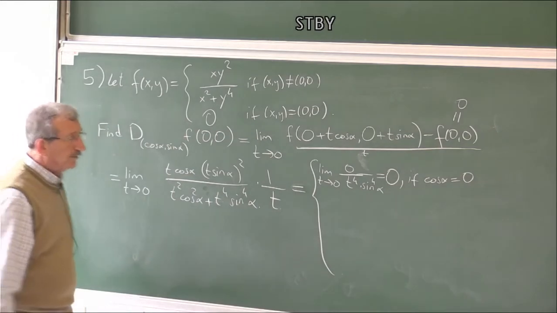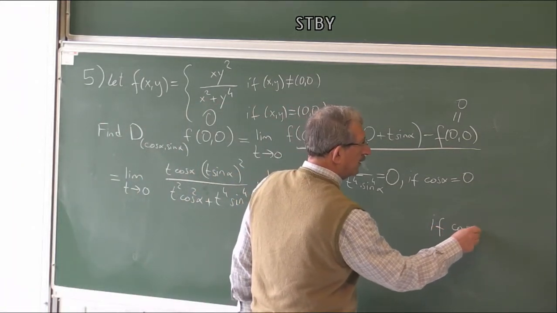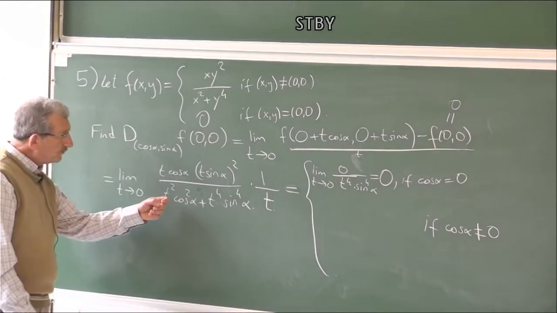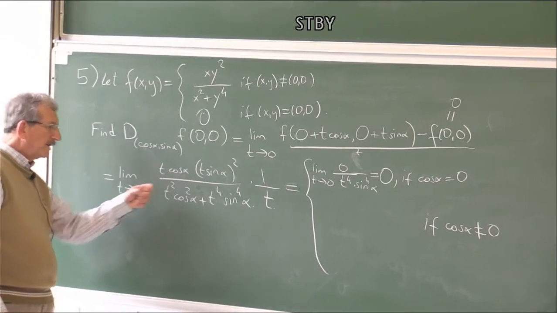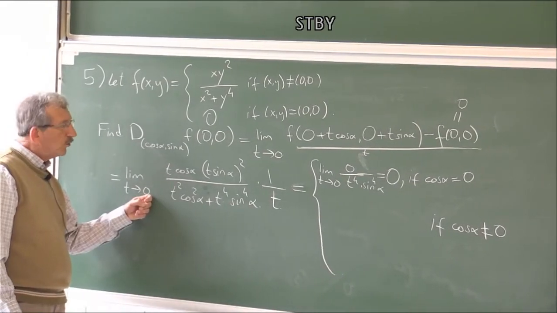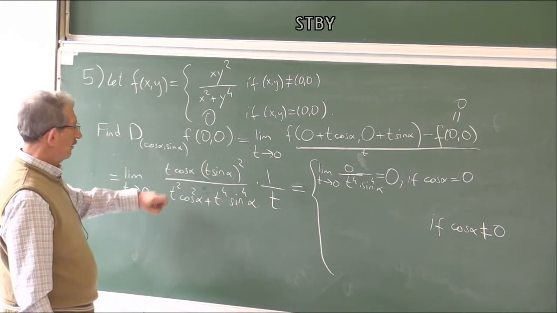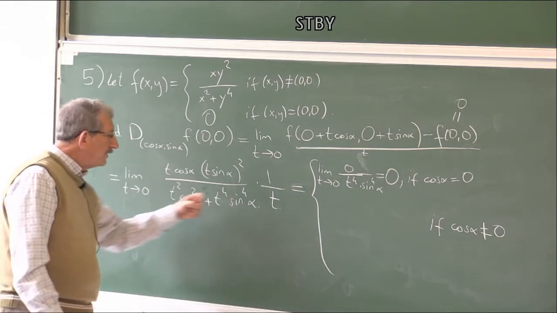Now, if cosine alpha is not 0, then I can cancel t squared by taking it out. So we get t to the 3rd power at the top. At the bottom, I have t cubed again.